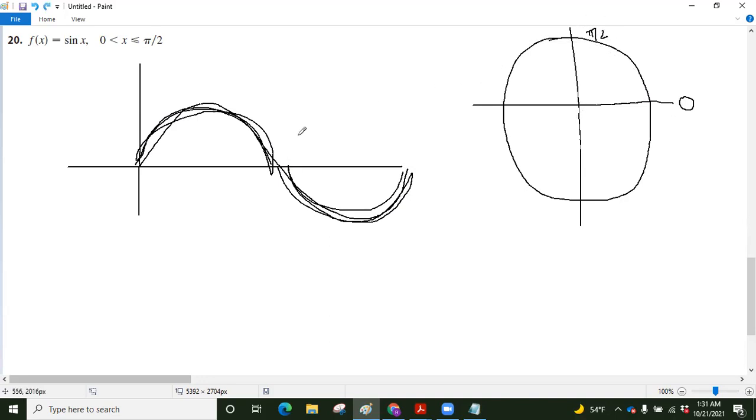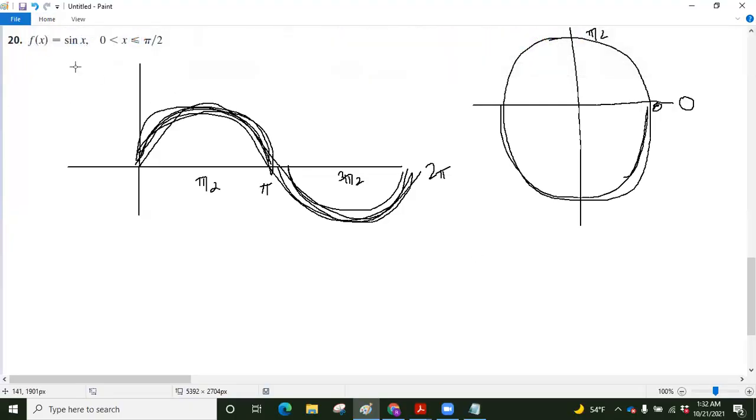So I would essentially have pi over 2, right? And then I would have pi, because that's the halfway point. And then here I would have 3 pi over 2, right? Because that's the other half of the second part of the circle. And then I would have 2 pi, which concludes it at this point.